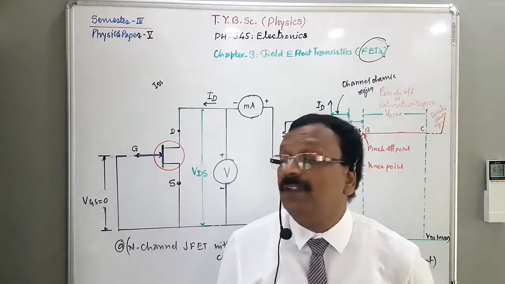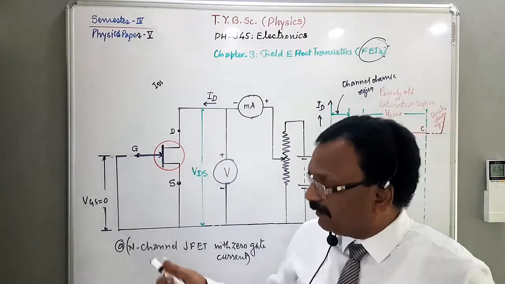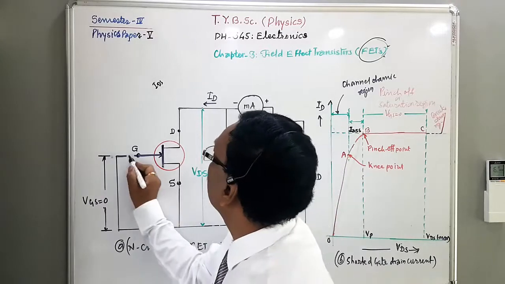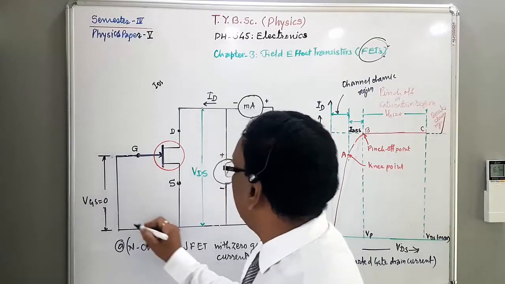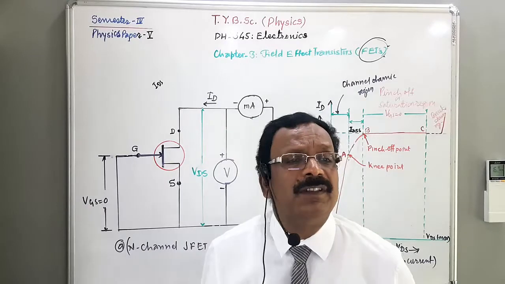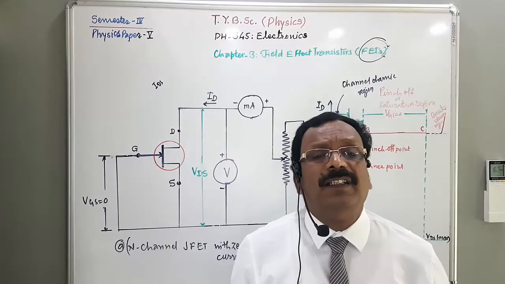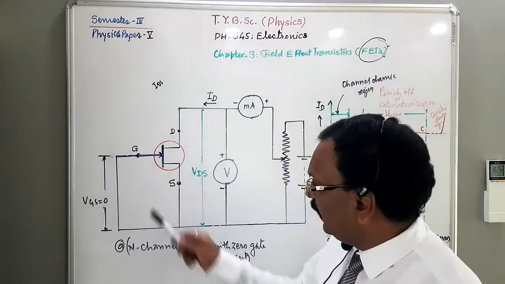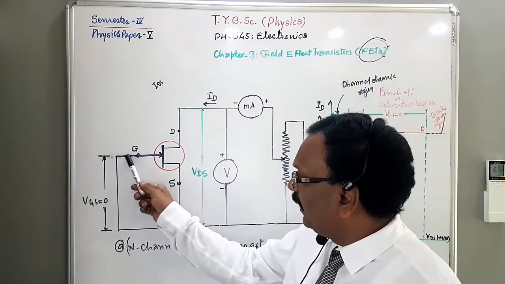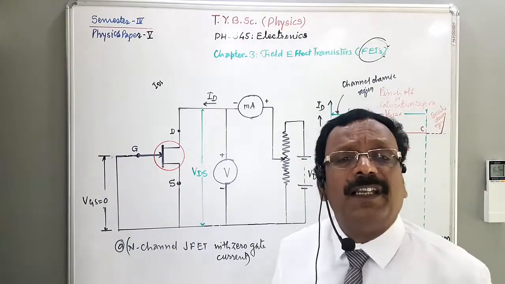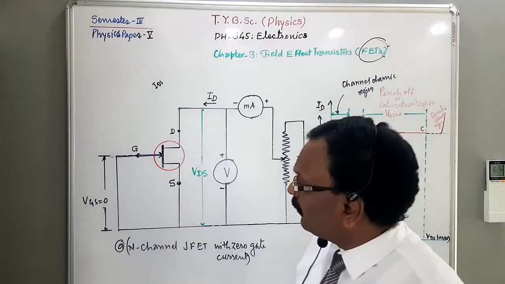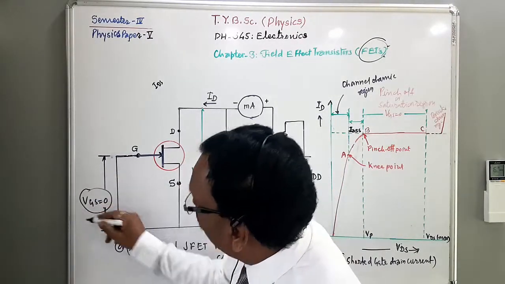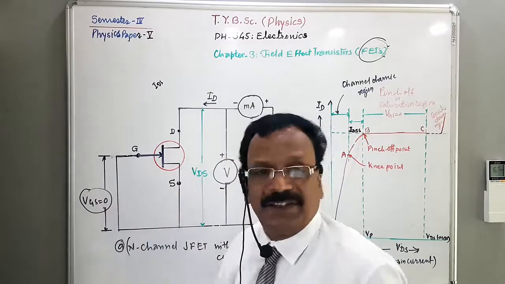Now this is the first one. Now when the gate is directly connected to the source, that is no external bias, in this condition VGS, the voltage between gate and source, is 0.